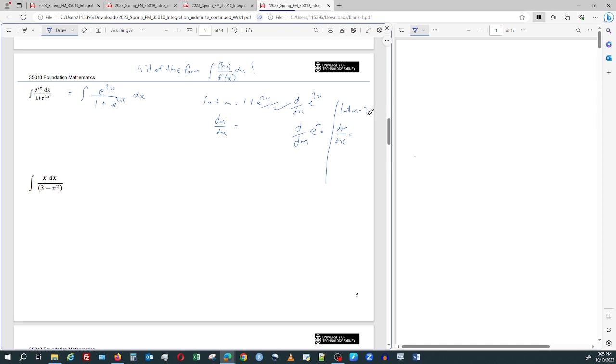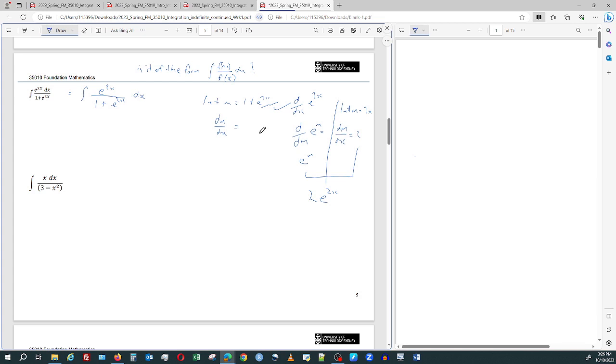Now that's 2x, so that'll be 2, and this is e to the m. So we get, as a chain, 2e to the 2x, so du dx.